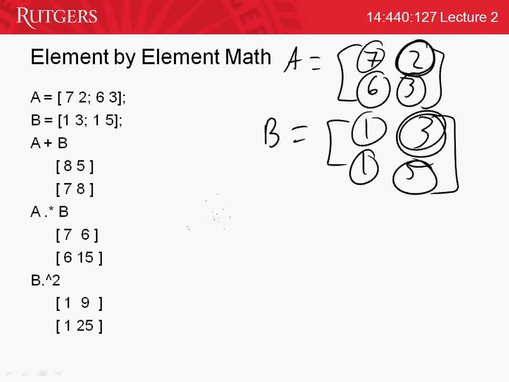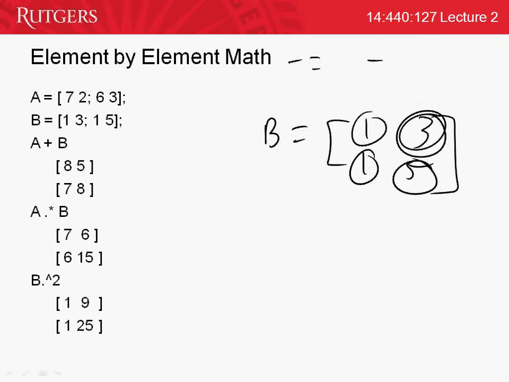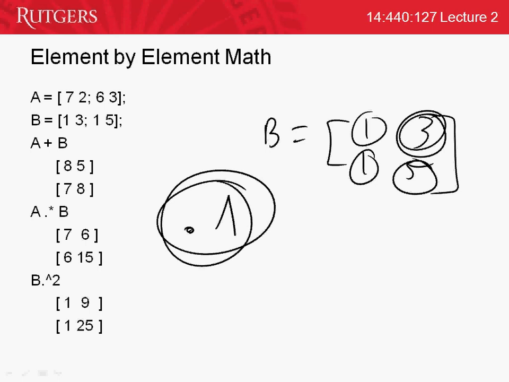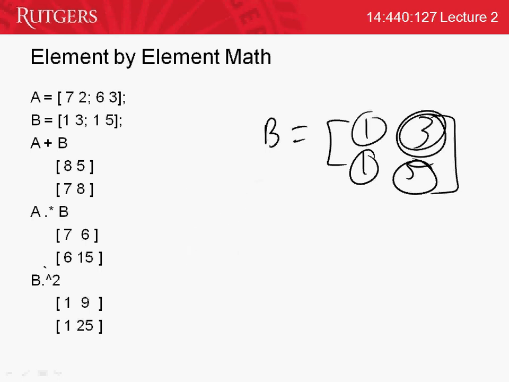Right? And so element by element also refers to doing something like squaring. If we want to square each element in the matrix, what we have to do is use dot exponentiation, so dot and then the caret. So here, where we say B dot caret 2, what it's going to do is square each element.